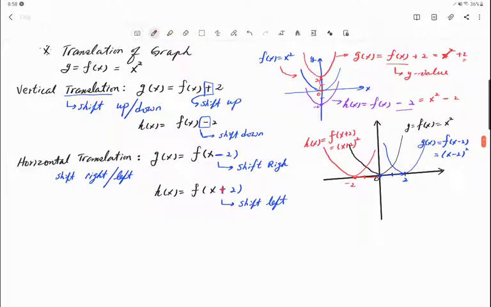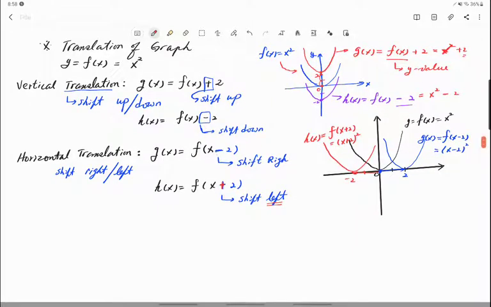If you shift right or left, we replace the input variable x. Replace x with x minus something, that means shift to the right. X plus something, then shift to the left. Okay? X plus something, shift to the left. X minus something, shift to the right.